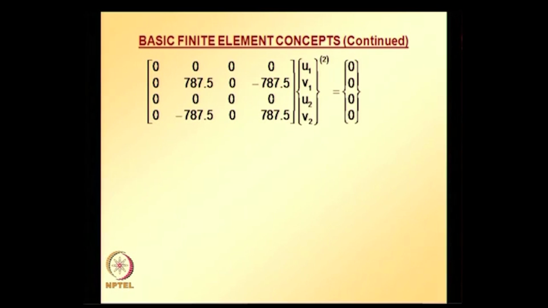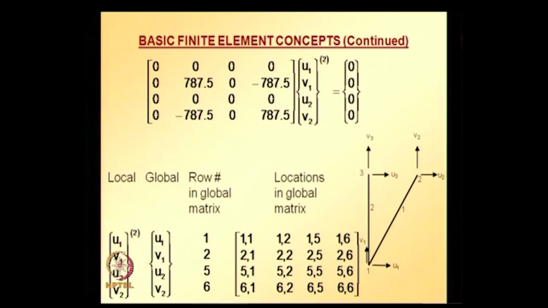This is the elemental equation system for element 2, and the local displacement vector u1 v1 u2 v2 corresponding to element 2 corresponds to the global locations, or the row numbers in the global matrix, 1 2 5 6.